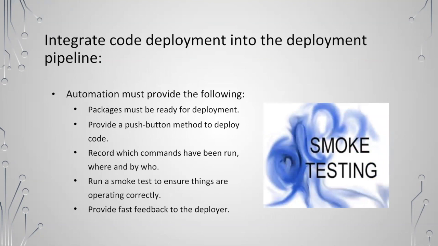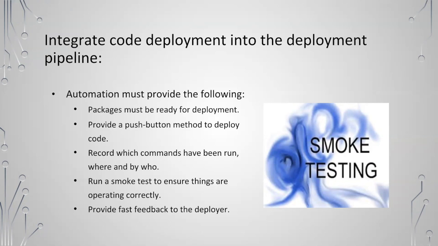Then we'll integrate code deployment into the deployment pipeline. Automation packages have to provide the following. They must be ready for deployment. They need to provide a push button method to deploy the code so that they're quick and easy to deploy. They need to record which commands have been run, where they were run, and who ran them.